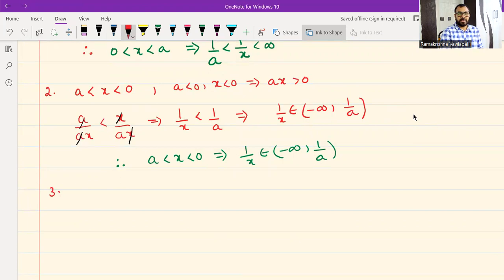I can take 0 less than x less than or equal to a. Here x is a variable and a is a given real number.